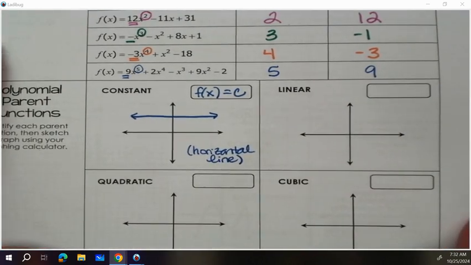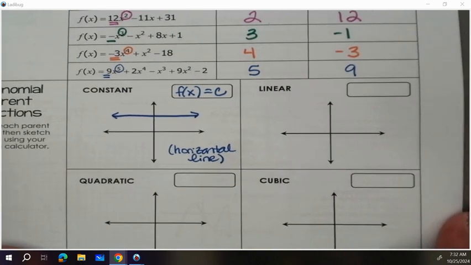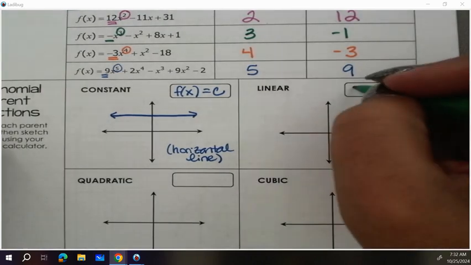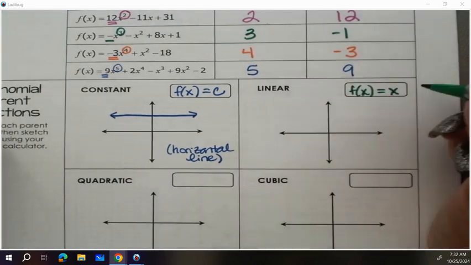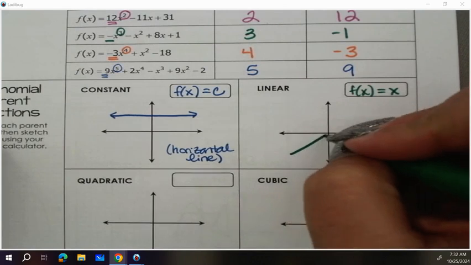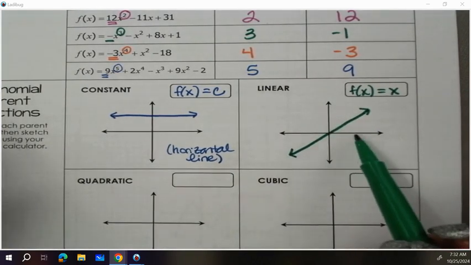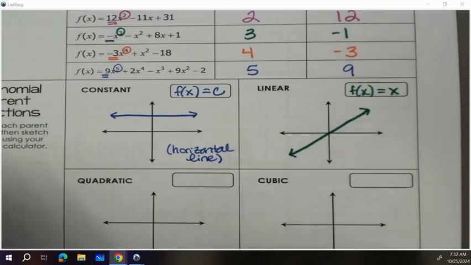If y equals just a plain number, it's going to be a horizontal line. Linear, we know what this looks like. F of x equals x. So this is the parent function of a line. Y equals x, 1, 1, 2, 2, 3, 3.